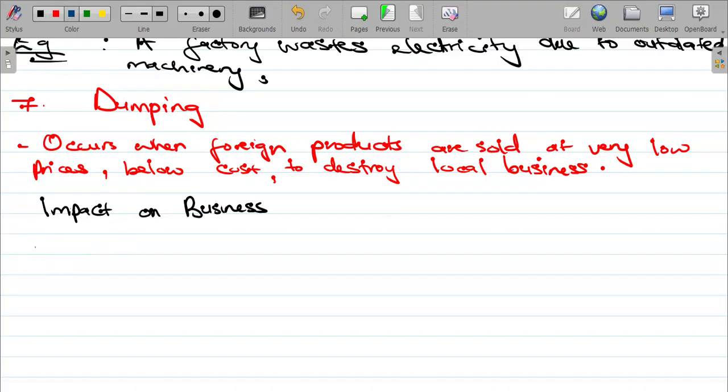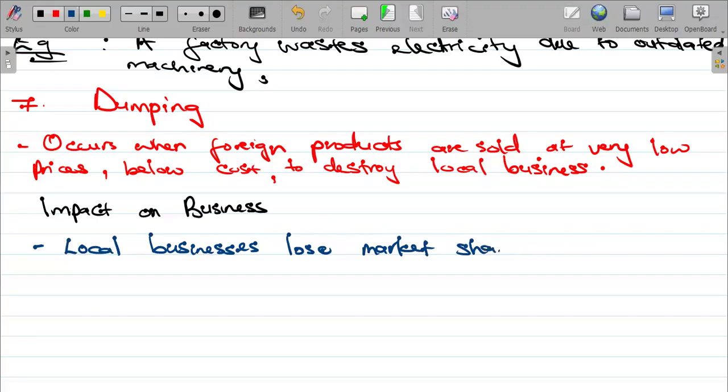It includes local businesses losing market share, and also closure of domestic firms, which are local firms.